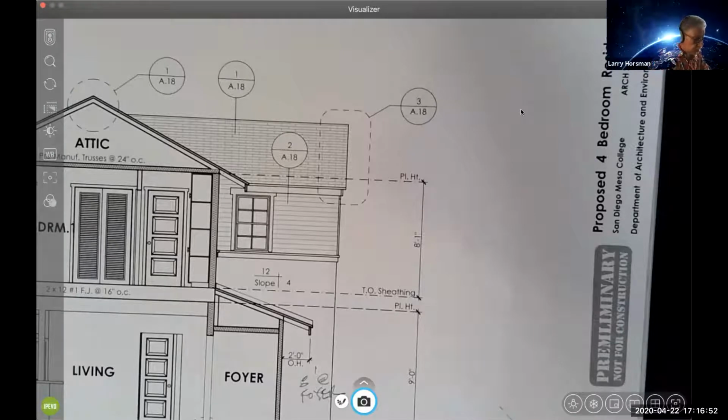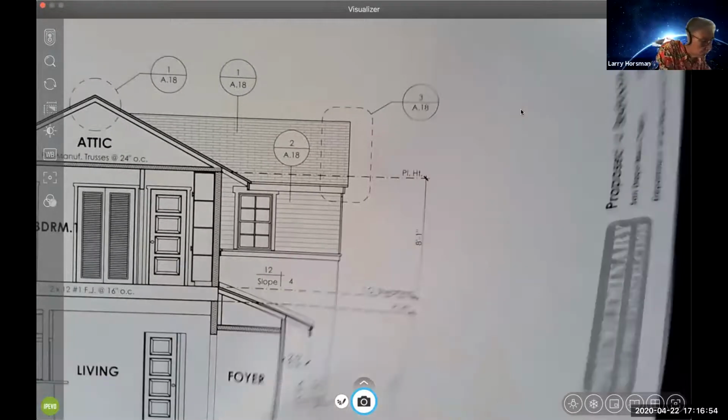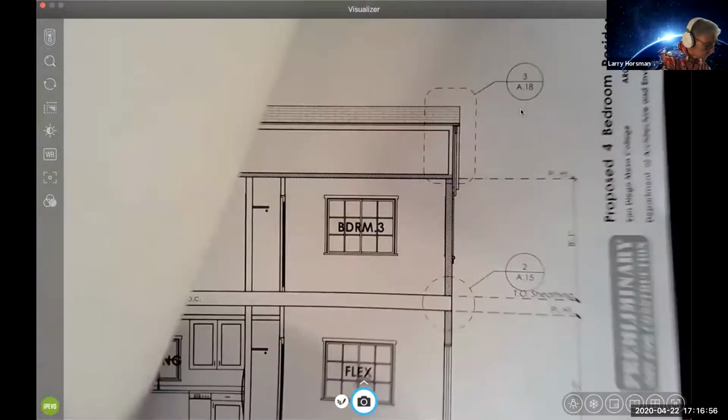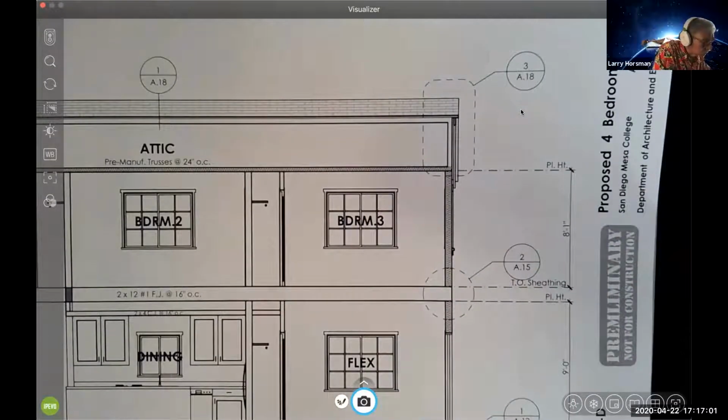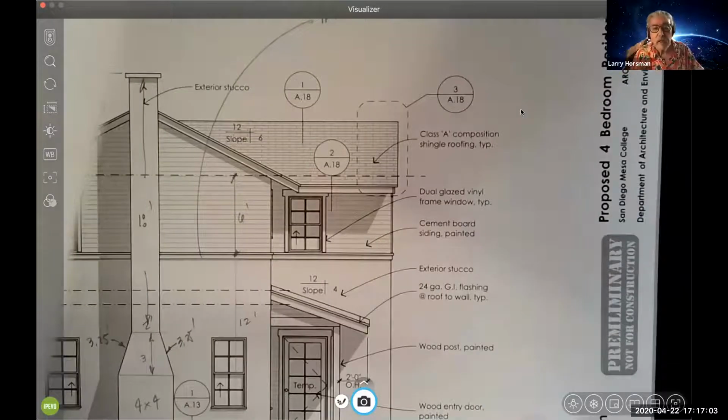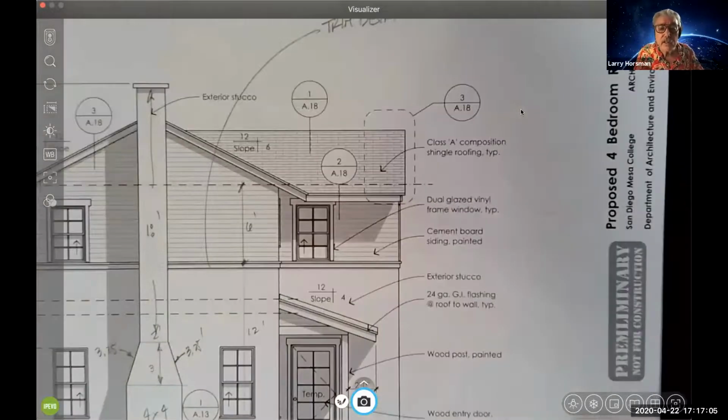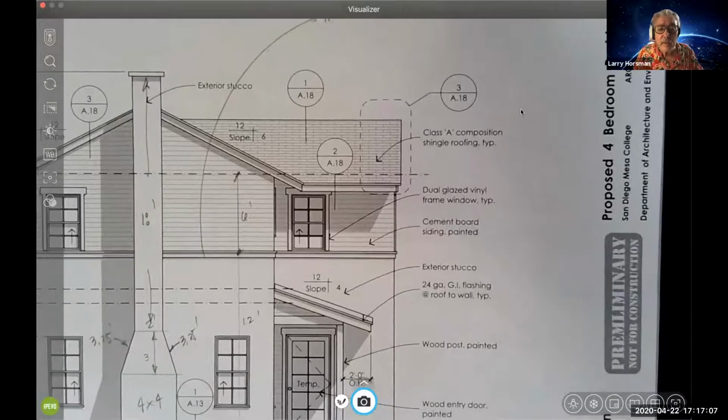And just looking at the elevations, you can see for the doors and windows, we have some bit of trim, but I didn't see anything specifically called out for that trim.